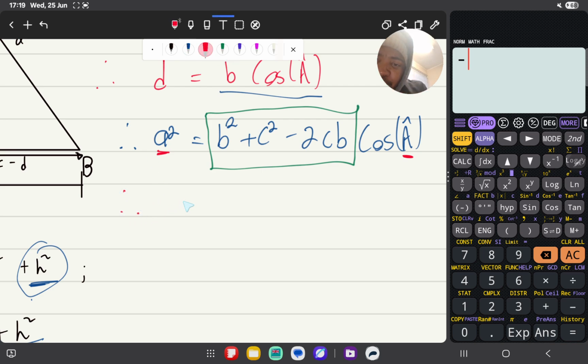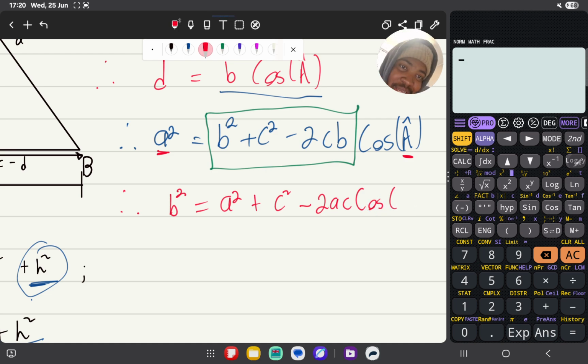Therefore you would have b squared equals a squared plus c squared minus 2 multiplied by a multiplied by c, and then the cos is not going to be cos A or cos C, it's going to be cos B, right?